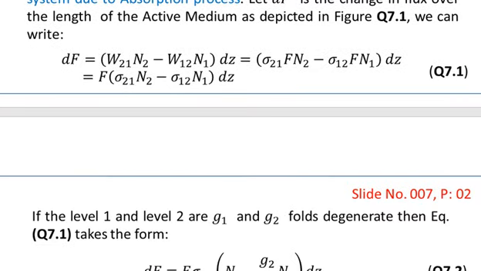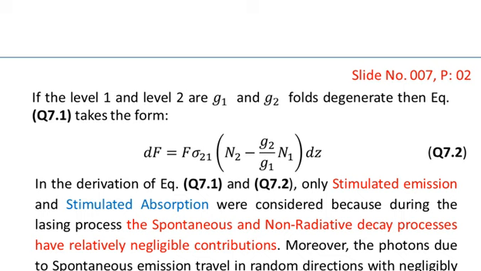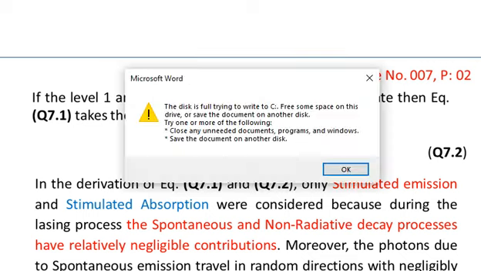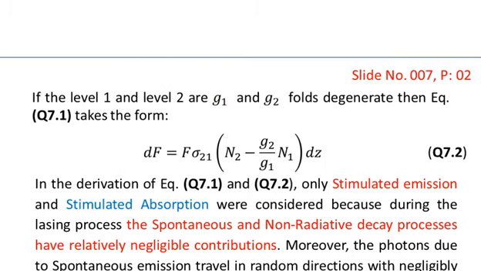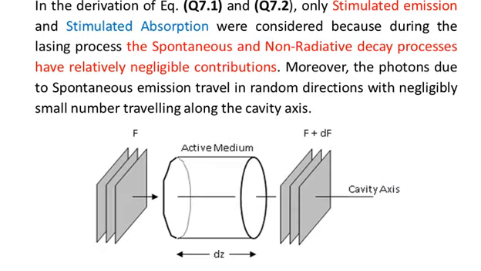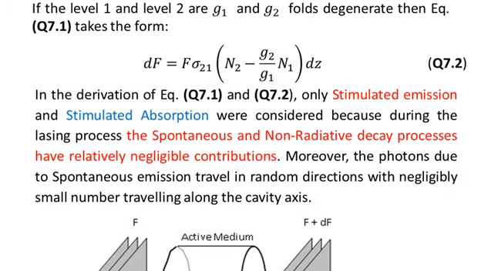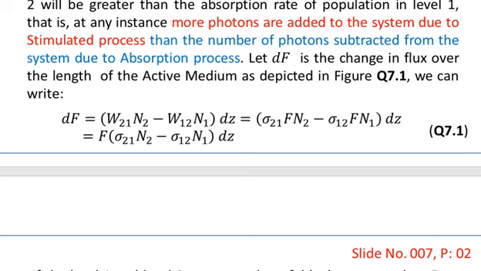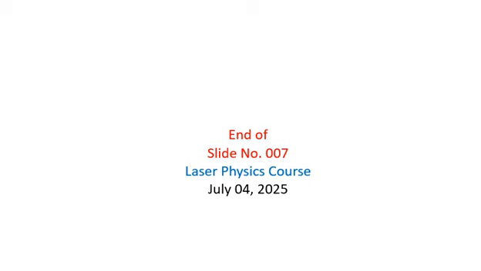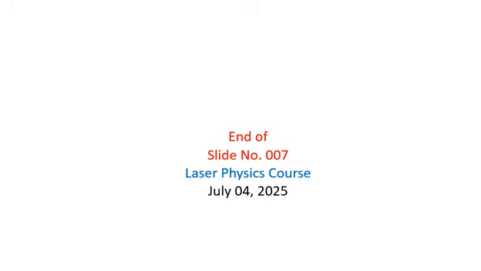When degeneracy is present, that is, there are G2 levels in level 2 and G1 levels in level 1, in that case we can write equation 7.2. So 7.2 is our answer when degeneracy is present, and 7.1 is our answer when no degeneracy is present. So this is the end of slide number 7.